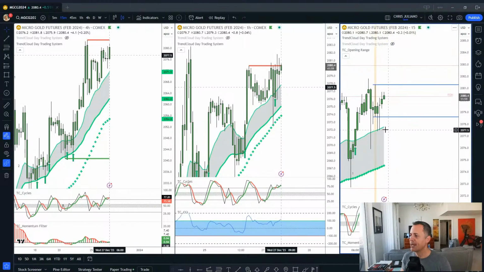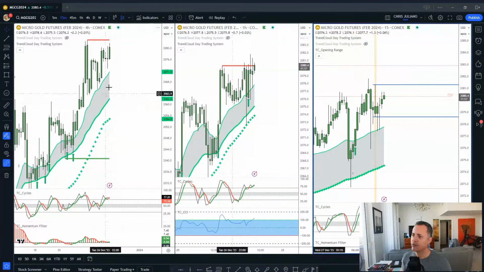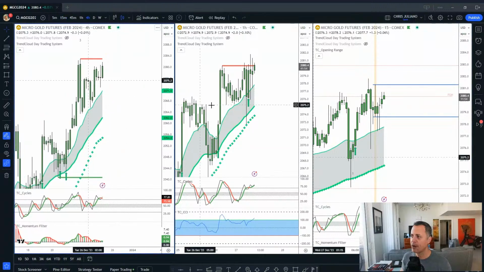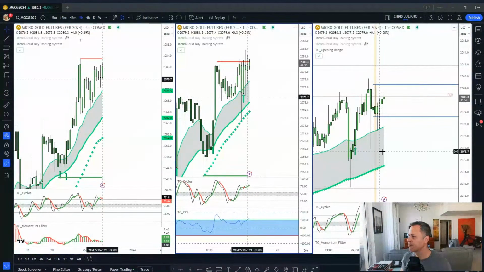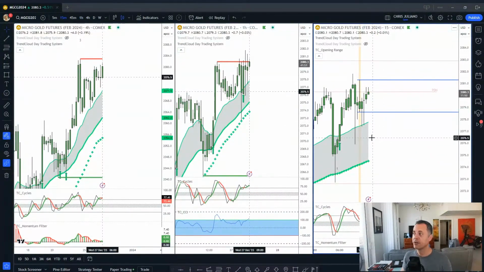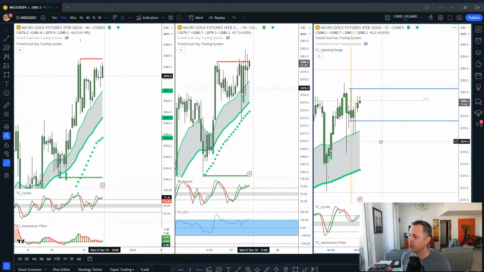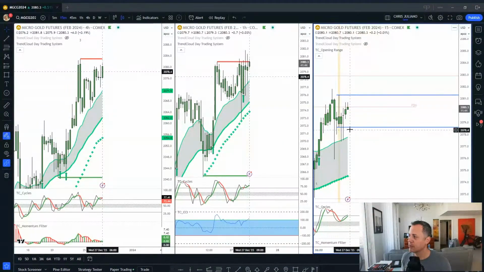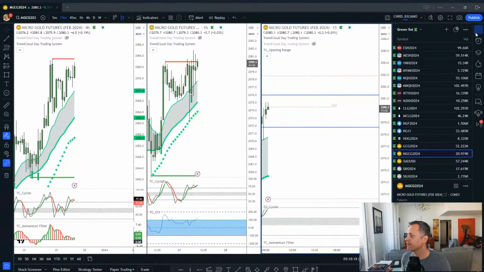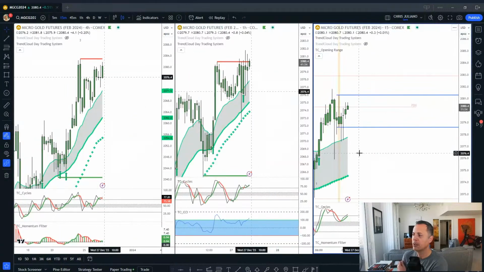So right off the bat, I know we've got an uptrend on the 4 hour, an uptrend on the 1 hour, and we've got an uptrend on the 15-minute as well. Here's the opening range. We are still waiting to break out of that opening range there. We've got enough volume, over 20,000 in volume.